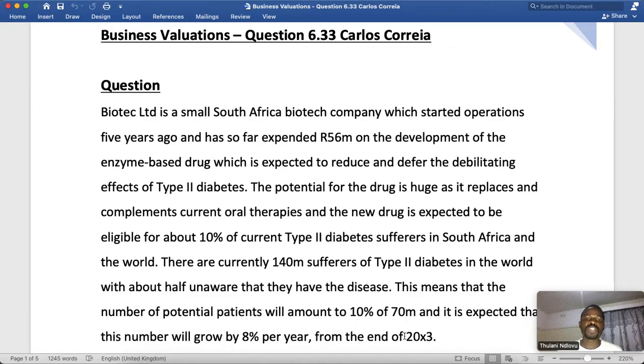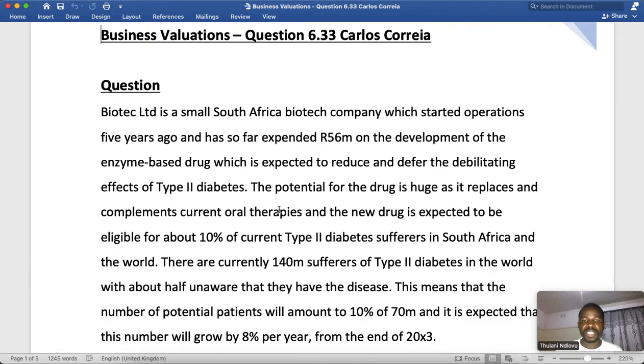In this sentence, we are told that the company has already spent 56 million. That 56 million is a sunk or a past cost. So it's not relevant when valuing this business, and it's also not relevant when calculating the NPV.